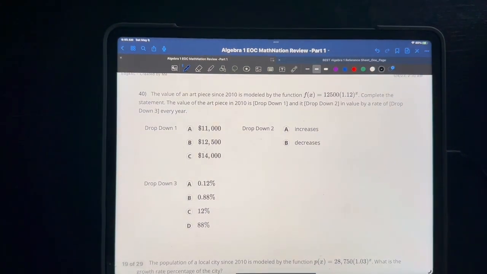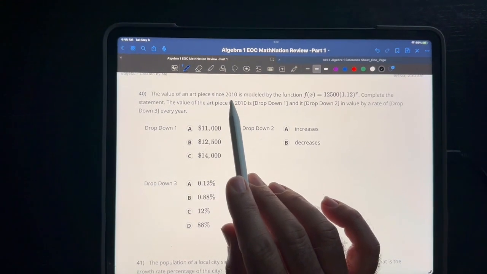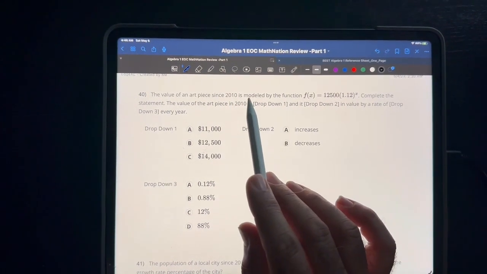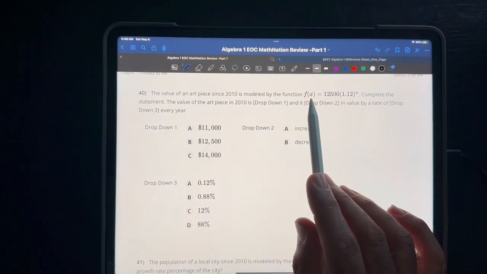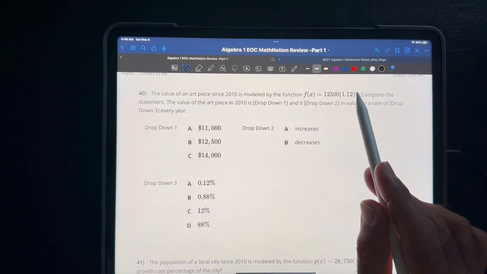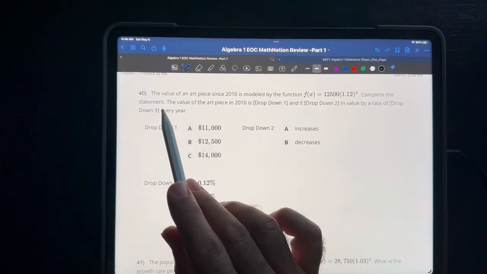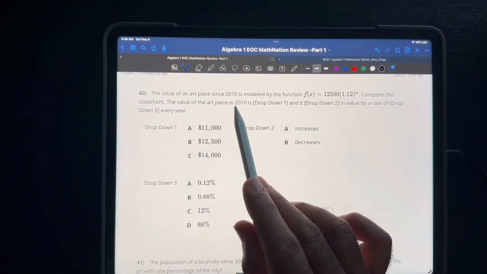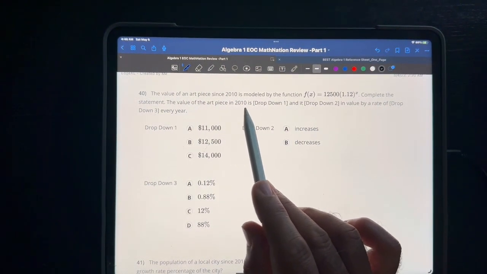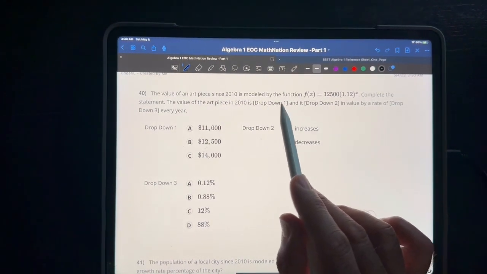All right, so here we go. The value of an art piece since 2010 is modeled by the function, and again, still exponential form because you see the x is an exponent, right? Complete the statement. The value of the art piece in 2010 is drop down 1.